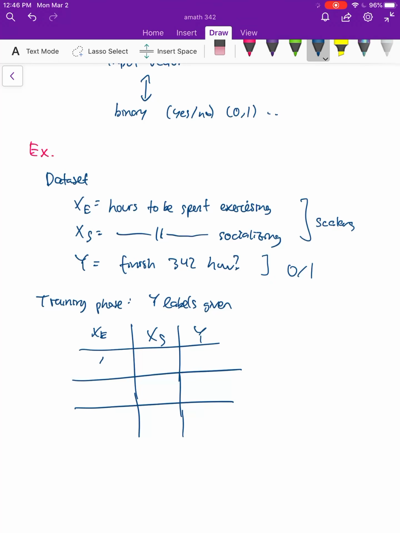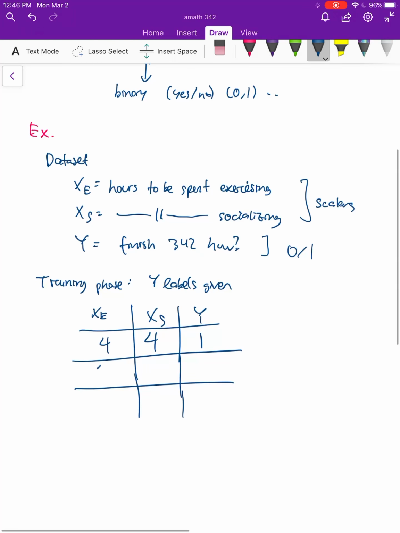For example, in the first week he might exercise for 4 hours and socialize for 4 hours and still have enough time to finish his 342 homework, y equals 1. But maybe next week he over-socializes and so he can't finish his 342 homework, and so on.